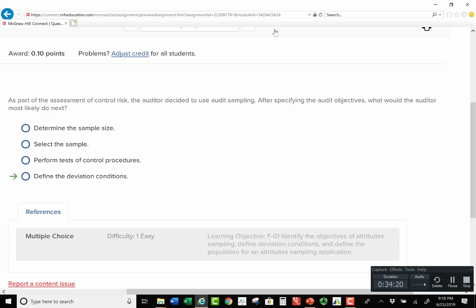So we should what? The next step would be to do what then? Define deviation conditions. Okay, the deviation would be what? Sticking with our example, Michael, what would be the deviation in a situation where we were looking for a credit check, credit report for a new account? They don't do it.